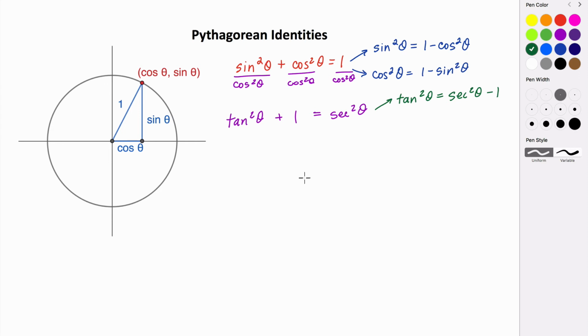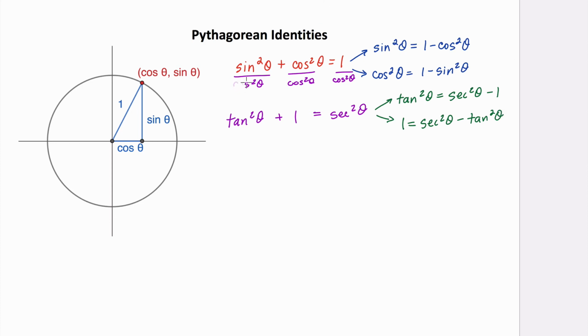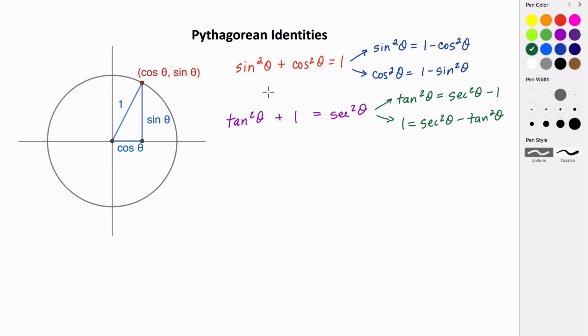Or maybe we want another way to write 1. So we could subtract tangent squared from both sides, and then we would get 1 equals secant squared theta minus tangent squared theta. And as a result of just dividing everything by cosine, we get these three new identities.